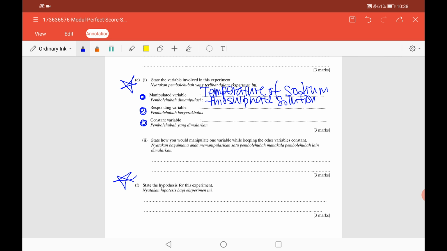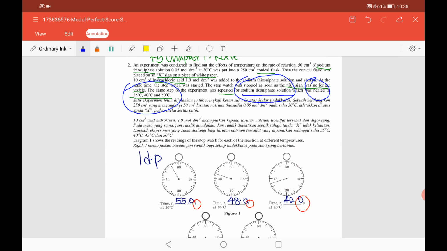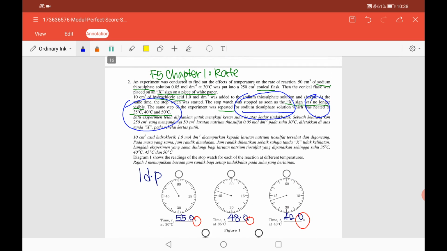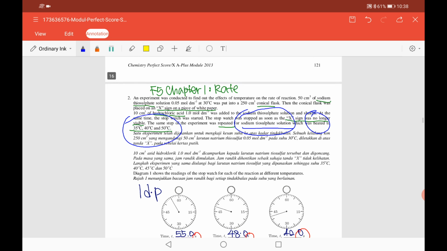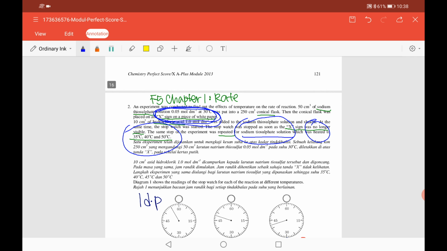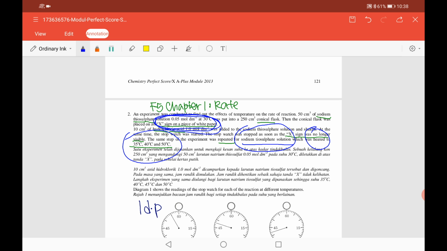So next one, the responding variable. What is the result that we want? Where we change different temperature, we want to see how fast the X sign disappears. An experiment was conducted to find out the effect of temperature on rate of reaction. They change the temperature and want to see how fast the cross disappears, which is the rate of reaction.